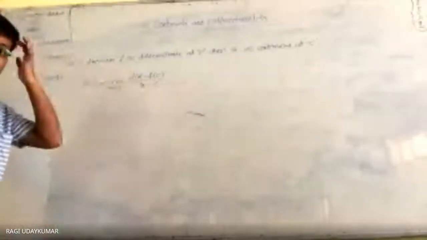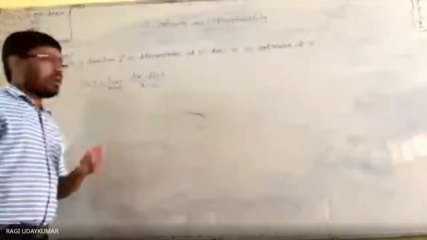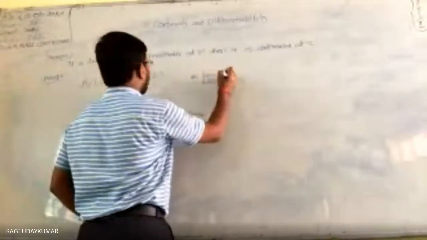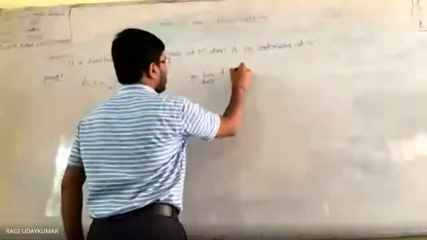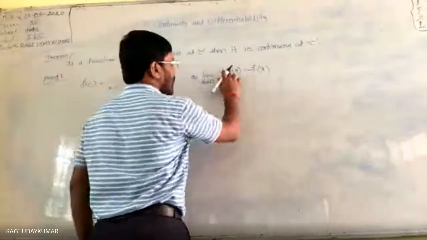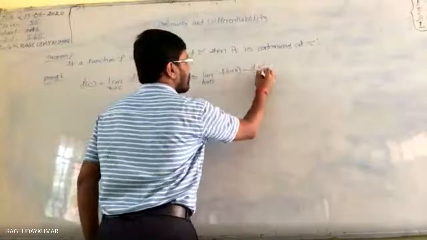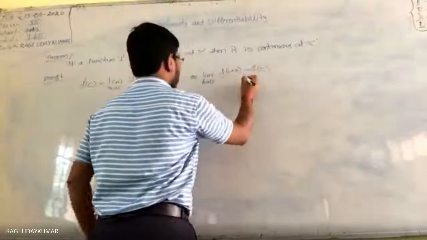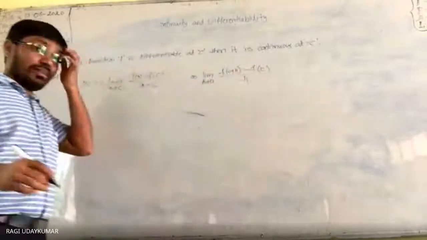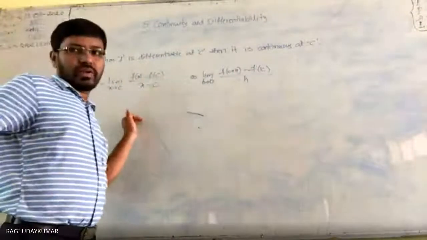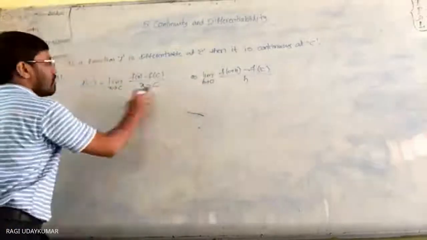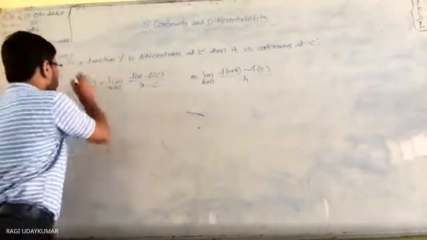This can also be taken as the limit as h tends to 0 of f of c plus h minus f of c, by h. Usually the c plus h method is taken into consideration. If you take that, the problem will become a little lengthy, but to find the derivative of any function, this can also be taken into consideration.